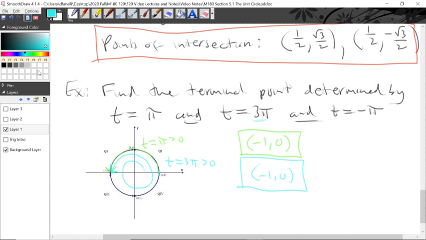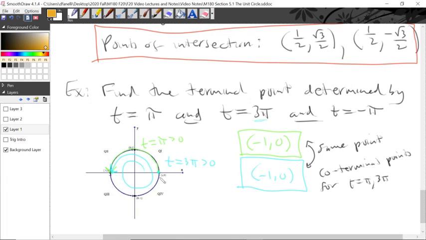Notice we have reached the same point, the exact same coordinates, both x and y. So therefore we have coterminal points for t equal to pi and for 3 pi. For those different values of t, we terminate at the same points.